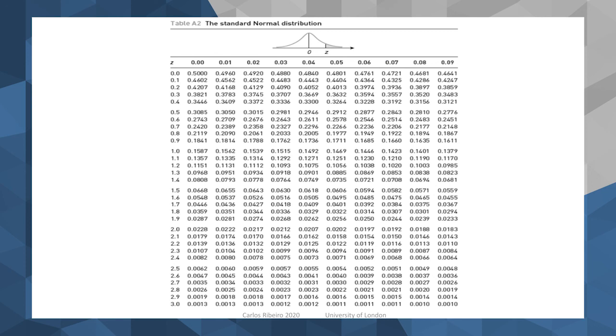And the closest number to 0.1 there is 0.1003. So when you find that number, you go across and you go up, and you will find the values 1.2 and 0.08.